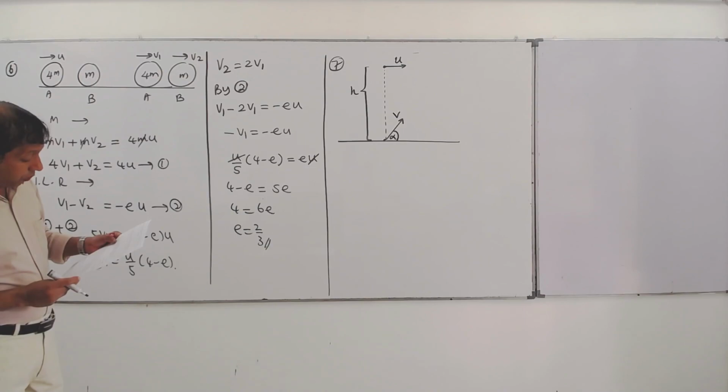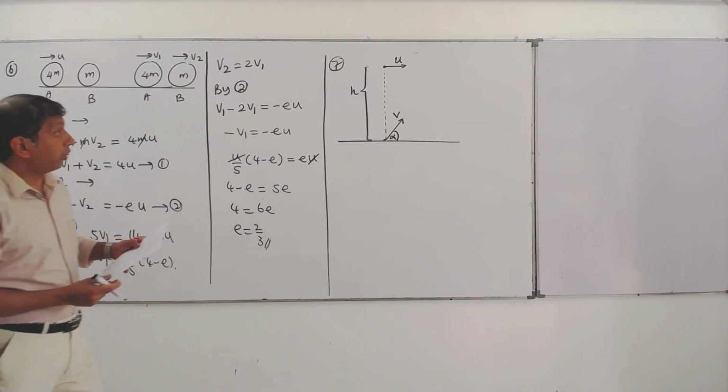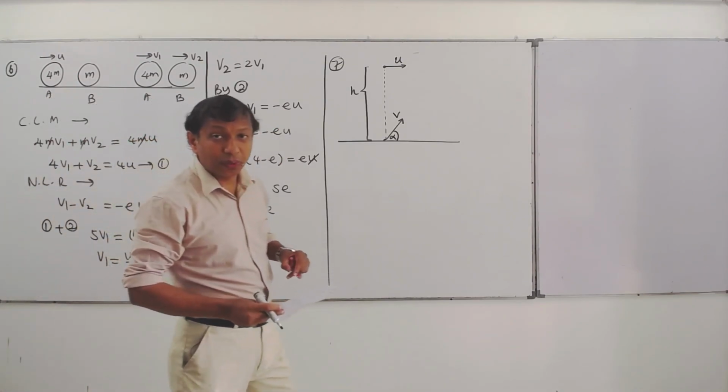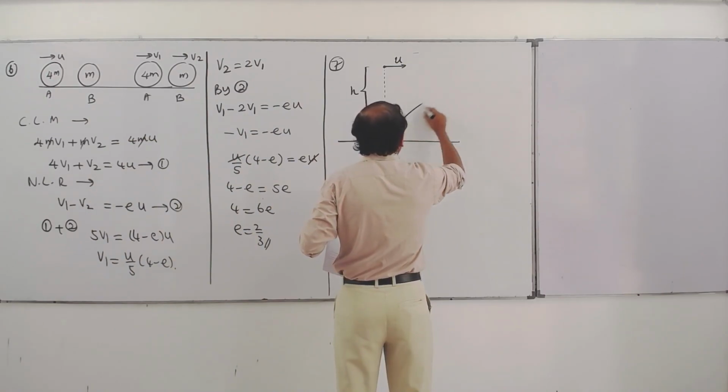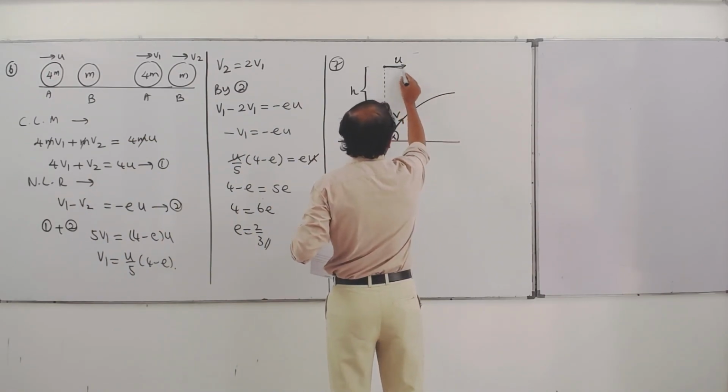If the two balls collide at time t at a point above the ground, the first one is also a ball, not a bomb. So suppose they collide this way at a point.